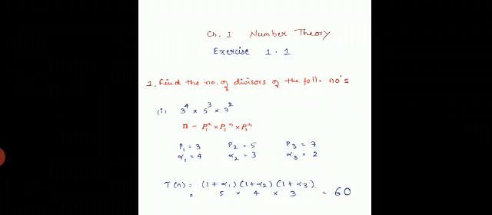So that is equal to alpha 1 is 4, 1 plus 4 is 5, into alpha 2 is 3, that is 1 plus 3 is 4, into alpha 3 is 2, 1 plus 2 is 3. Multiply these 3 numbers. 5 into 4 is 20, 20 into 3 is 60. So this is the answer to find the number of divisors.